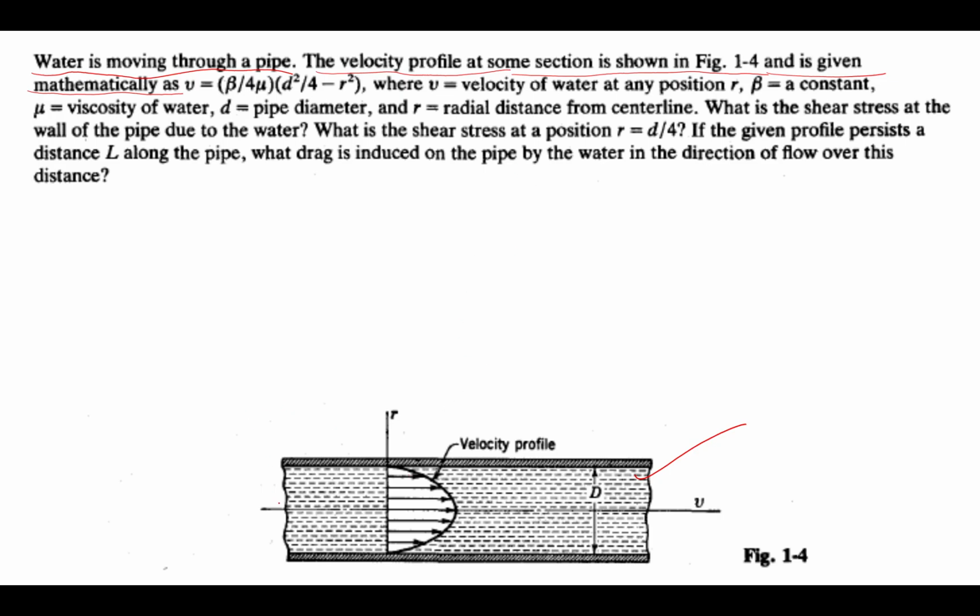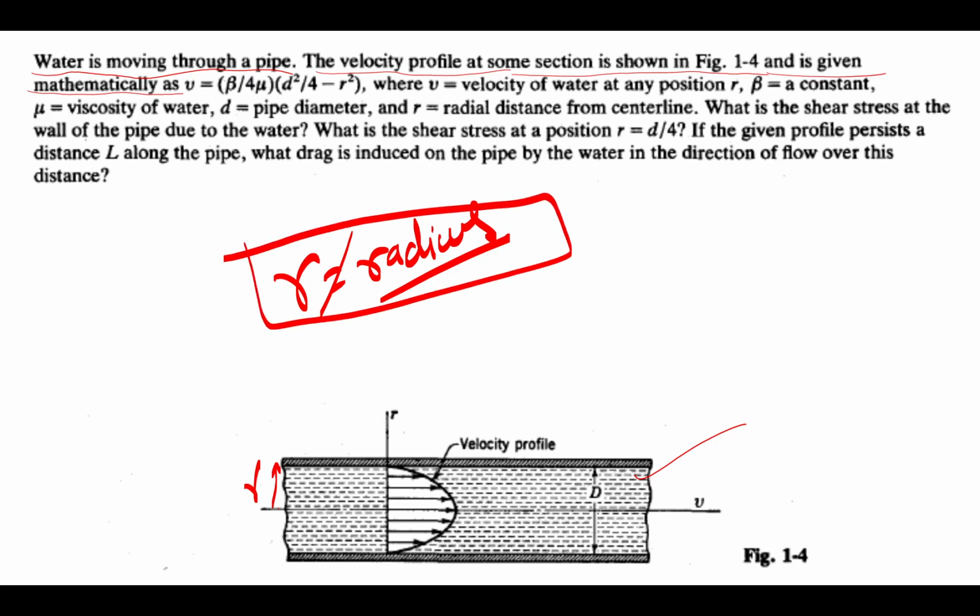Remember, r is the distance from here, r is not the radius, it is just representing the direction from the center line.